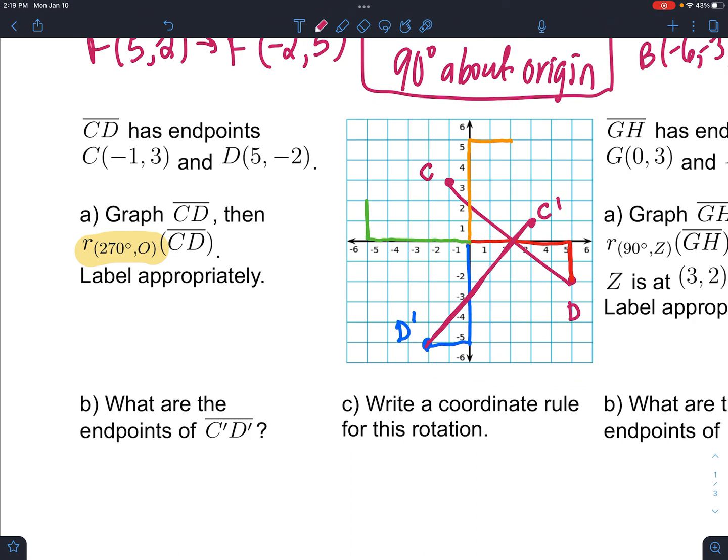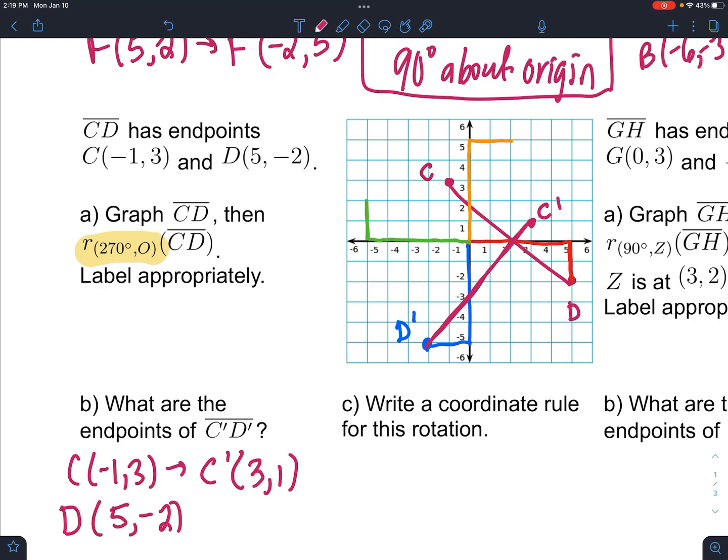Yeah, so where are C prime and D prime? Well, let's first see where we start. Looks like C prime is at 3, 1. And D was at 5, -2. And D prime is at -2, -5.